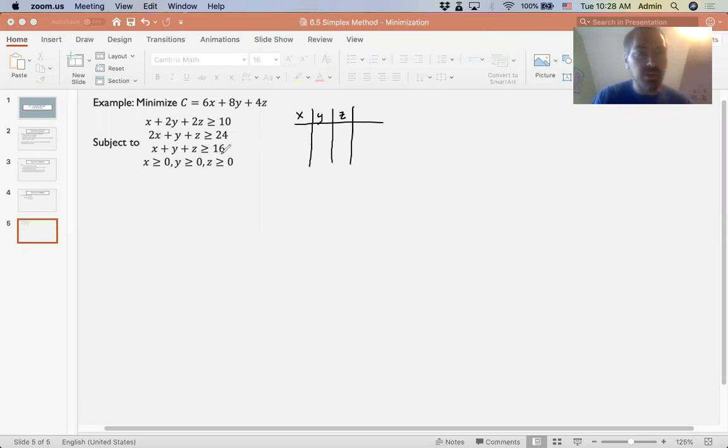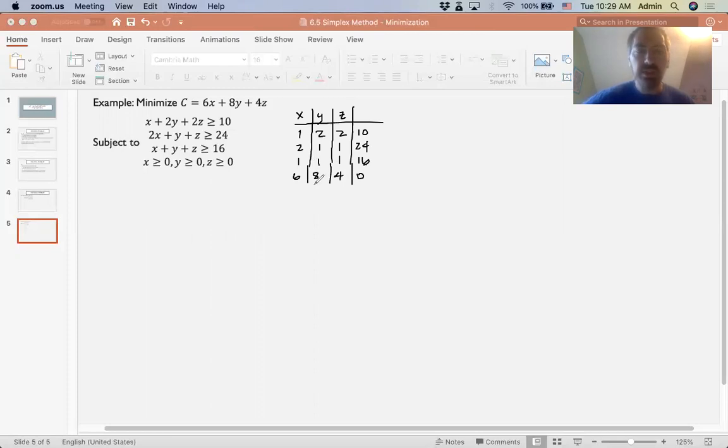All right, so our constraints: we have 1x, 2y, 2z, our constant is 10; 2x, 1y, 1z, 24; 1, 1, 1, 16; and then for the cost, we've got 6, 8, 4, and 0.